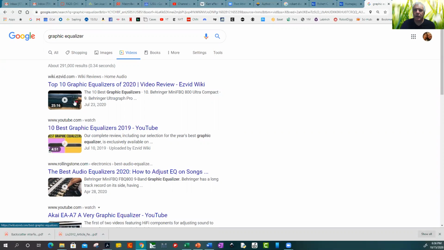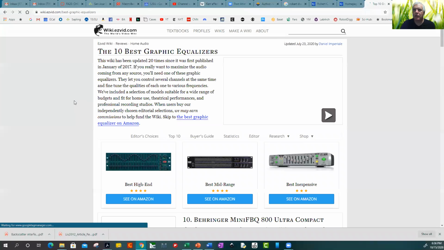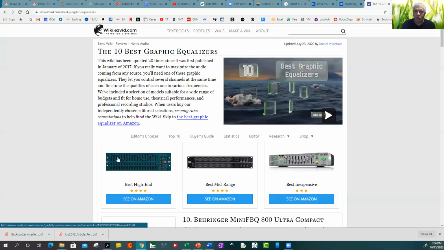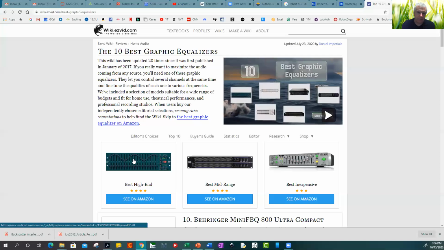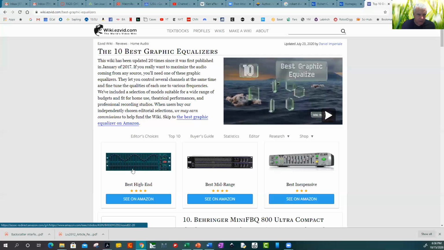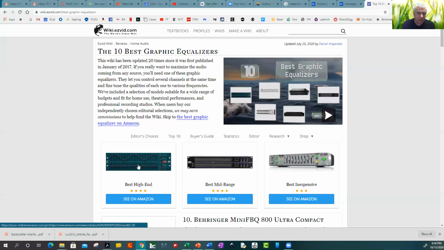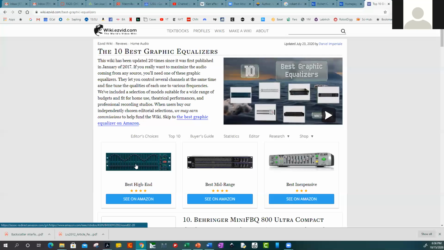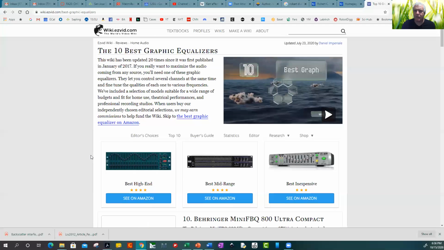Here's a graphic equalizer, right? They have all these knobs, and these are the high frequencies, these are the mid-range, these are the low frequencies. And you can adjust the volume in each channel, right? Does anybody know what this is talking about? Is this helpful to anyone? I've seen this, but I did not know that it was called a graphic equalizer. Excellent.